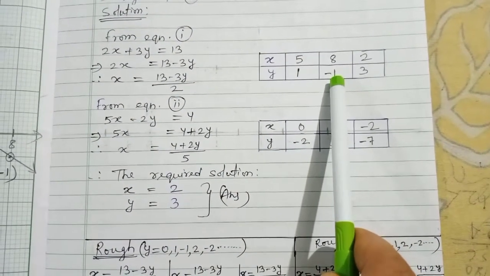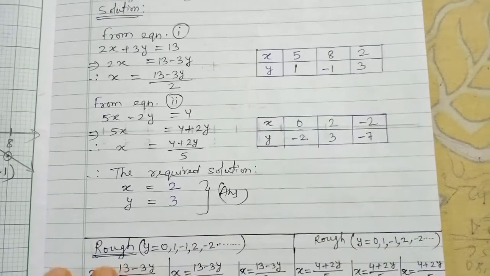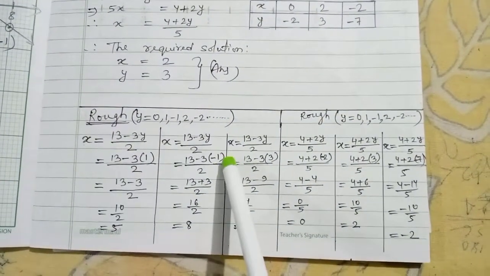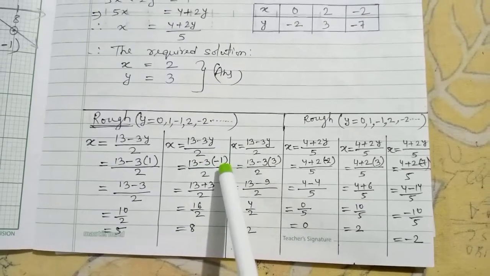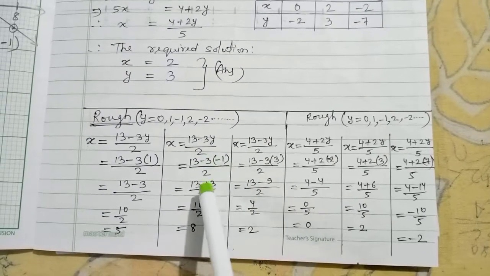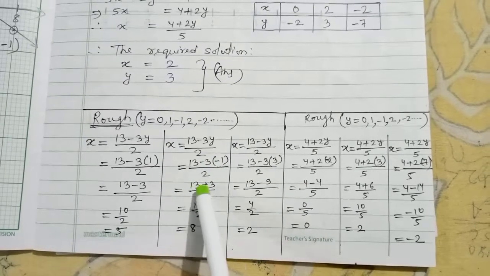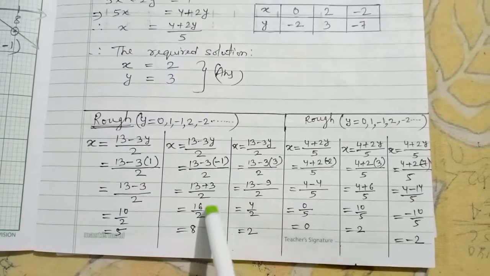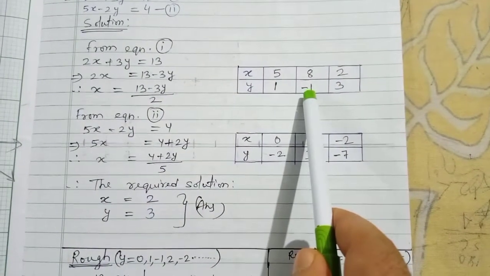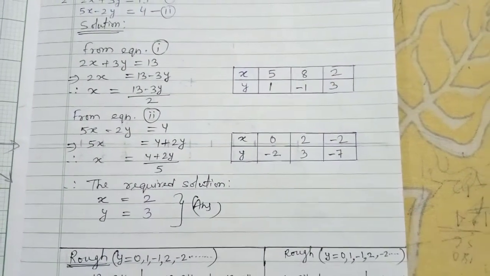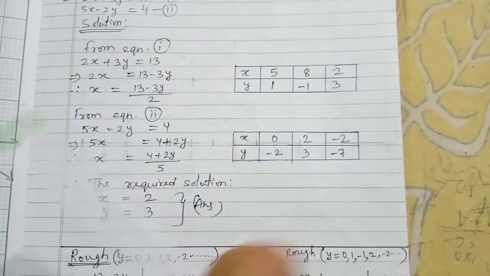When I put minus 1, the value of x is 8. I put y as minus 1, so 13 minus 3 into minus 1. Minus into minus is plus, and 13 plus 3 is 16. 16 by 2 is 8. So the value of y is minus 1 and the value of x is 8.